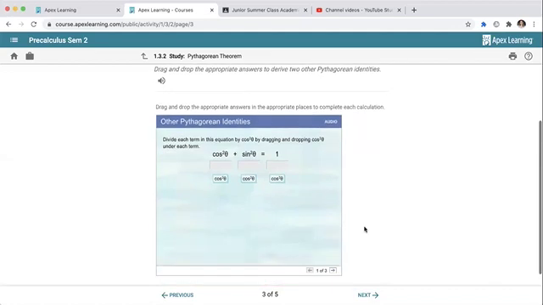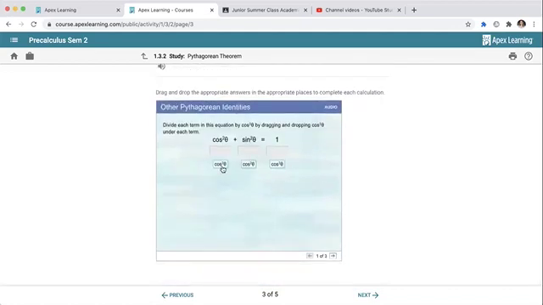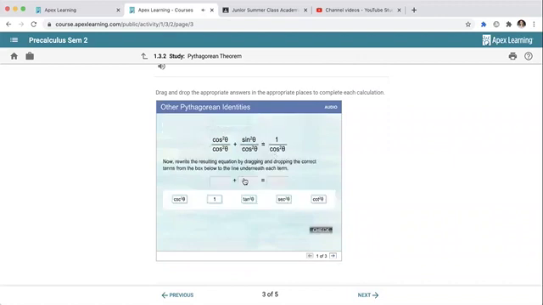All right. And what happens if I decide to divide everything by cosine squared? Cosine squared divided by cosine squared gives me 1. Sine squared divided by cosine squared, well, what's sine over cosine? It is tangent.